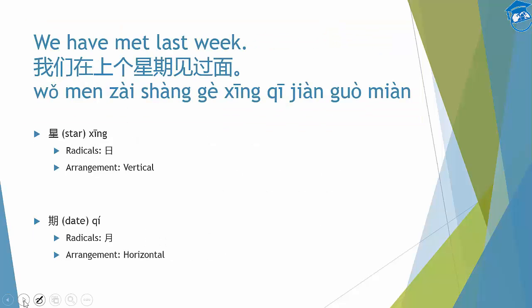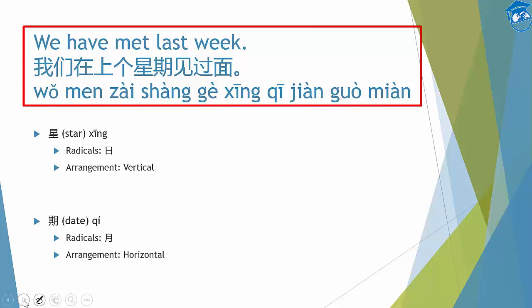Okay, so I have introduced you year, month, day, but I haven't mentioned week. So this sample sentence is just to show you that. So I've written here, we have met last week. In Mandarin, it is 我们在上个星期见过面.